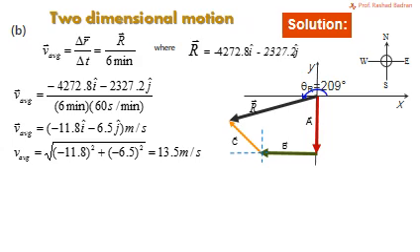To take the magnitude of this, just square the x component and the y component, add them together and take the square root, and you get a magnitude of the average velocity of 13.5 meters per second. To get the angle, it is tan inverse of the y component divided by the x component.